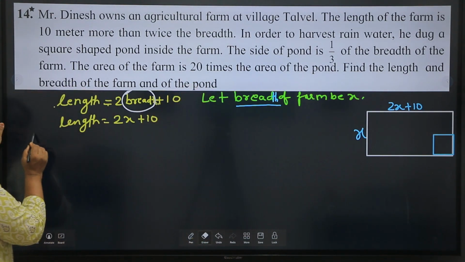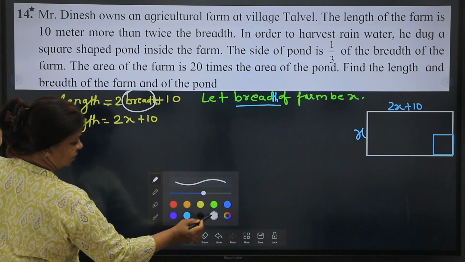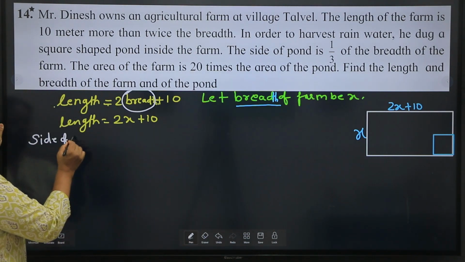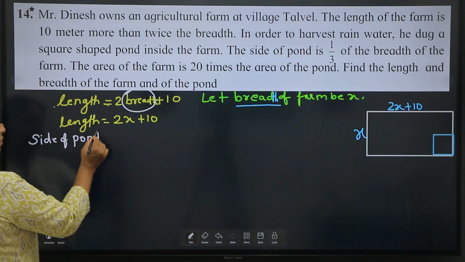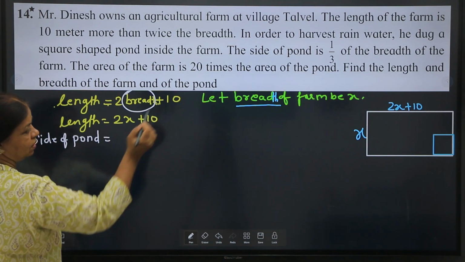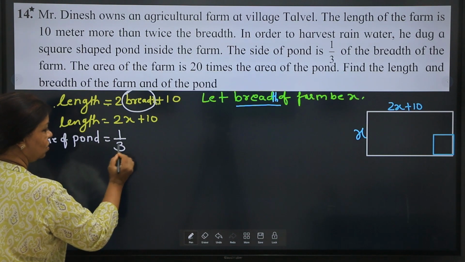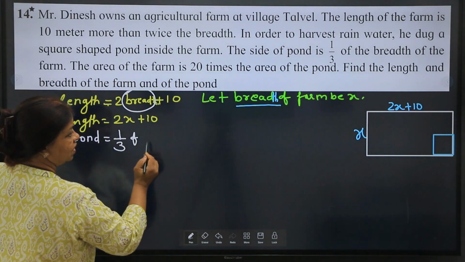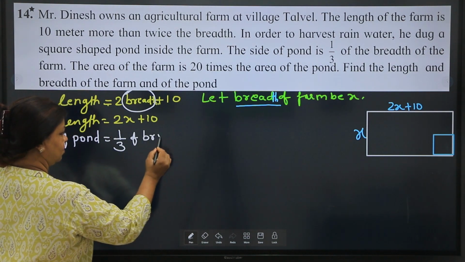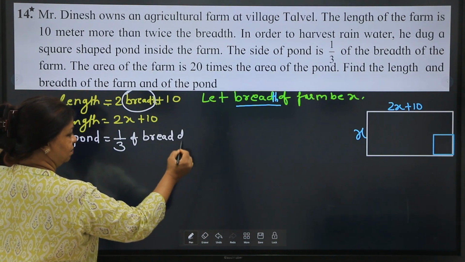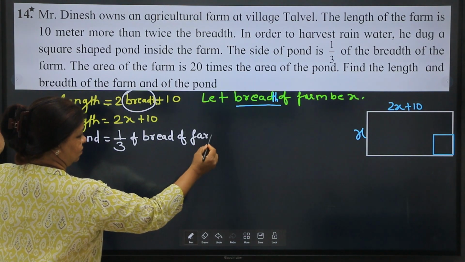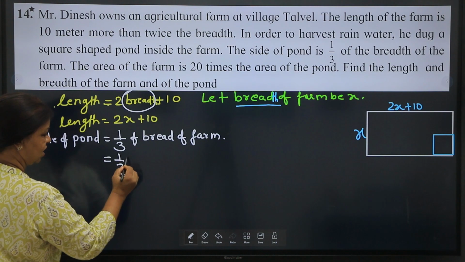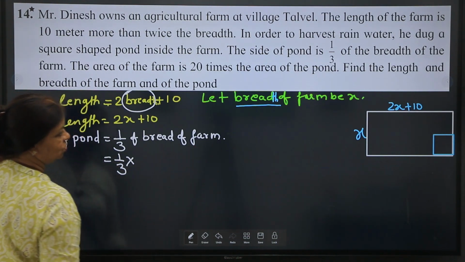Side of pond is means equal, 1/3 of means into breadth of farm. Now see, 1/3 of breadth of farm is what?